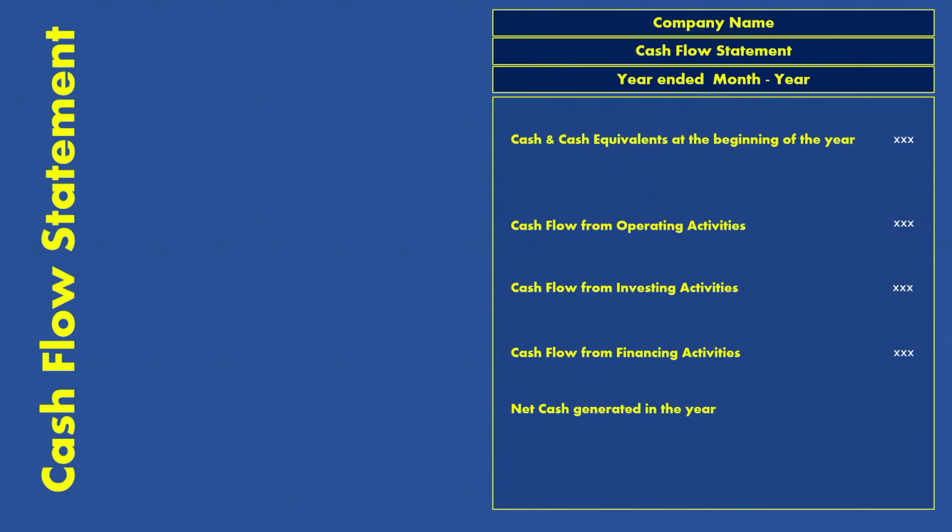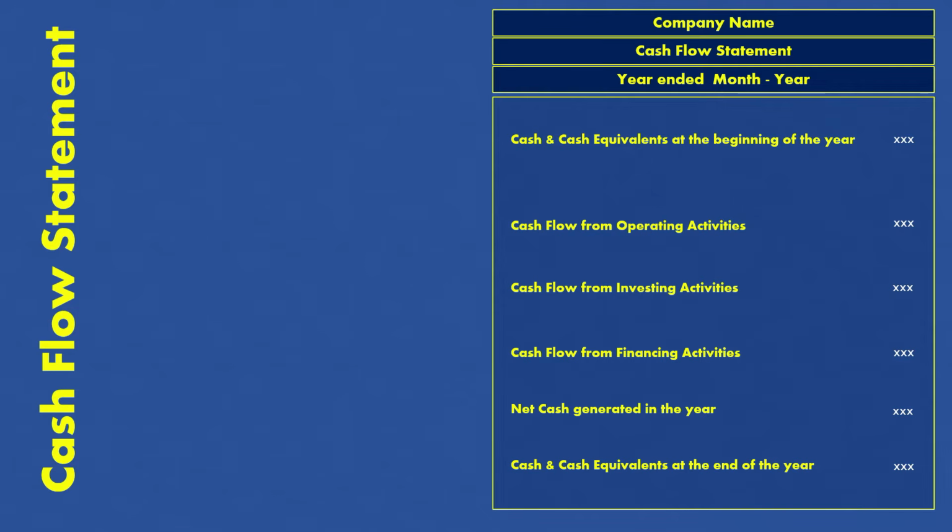And then we will net these three values, I mean operating, investing and financing, to calculate the net cash that has been generated in the year. And finally, we will use the opening cash and this net cash generated in the year to arrive at the cash at the end of the year.